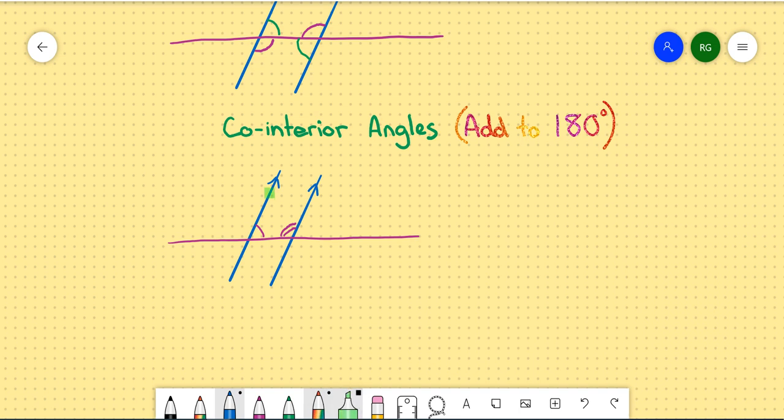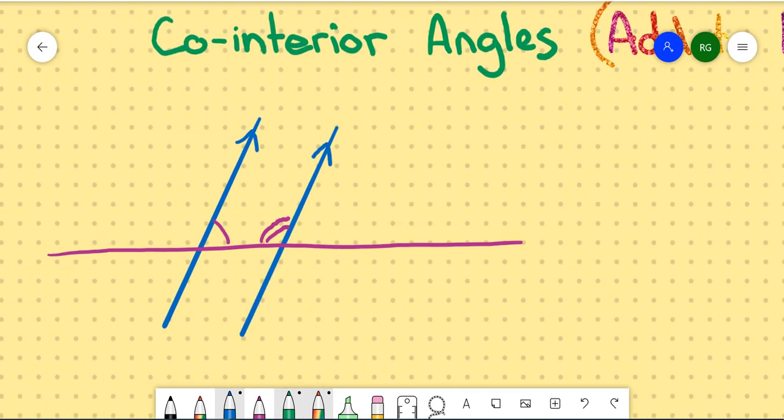So you can look at it like it's a C, like that. And those angles add to 180 degrees. Do not get confused and think that they are matching. You can clearly see on this diagram that this one here is much bigger than the one over here. So if I was to tell you, let's zoom in on it, that that was 110 degrees, we can definitely work out how big the other one is.